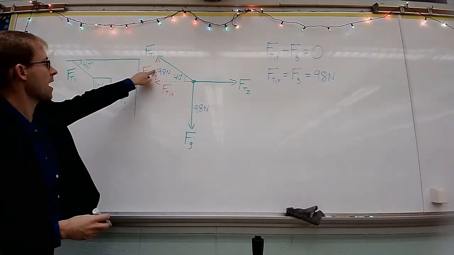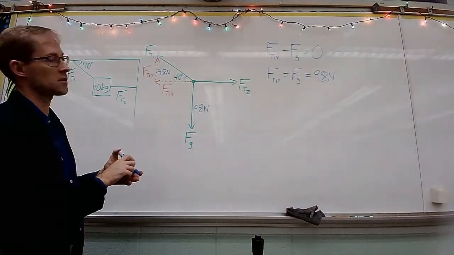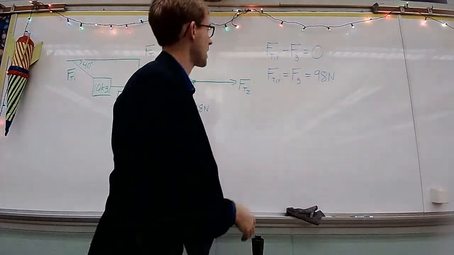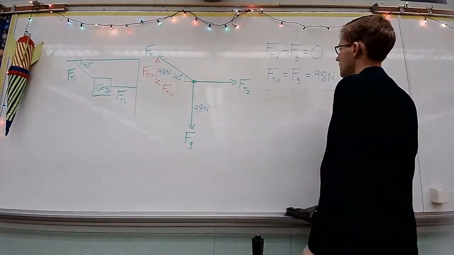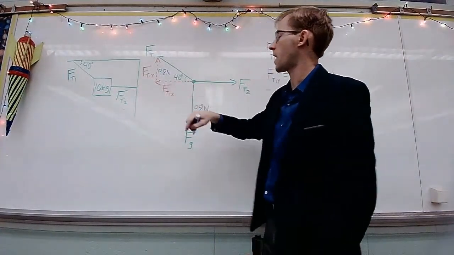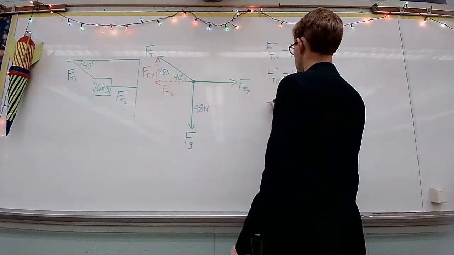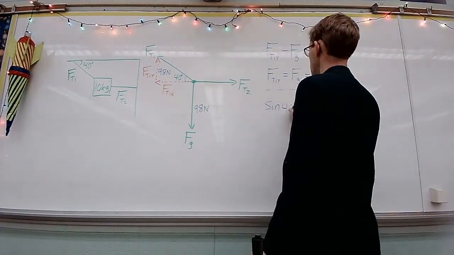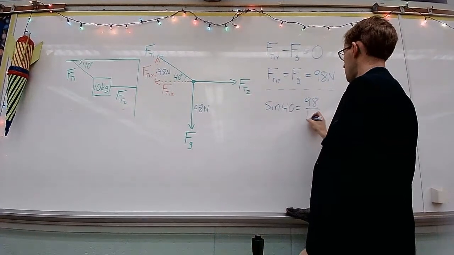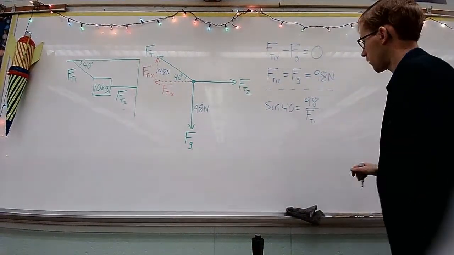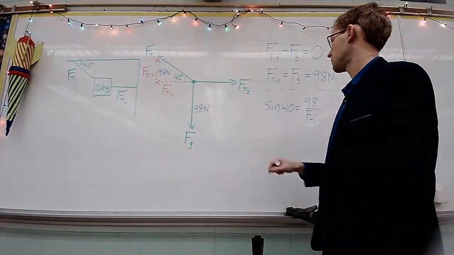That's going to help us. Because now we've got the opposite side of this triangle, and we know the angle. And if we know those two pieces of information, we can solve for the hypotenuse. And you can do that with a sine function, because sine is equal to opposite over hypotenuse. So, sine of 40 degrees is equal to opposite, which is 98, over hypotenuse, tension 1. So now if we want to solve for this thing in the denominator, we've got to multiply both sides by it. That comes out in front.